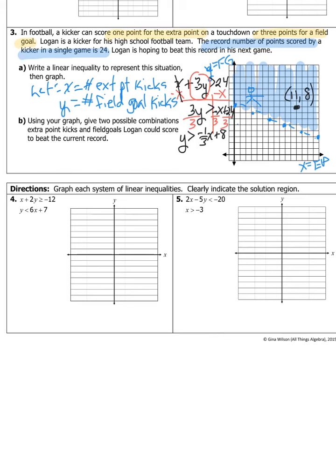So remember that our x value is extra points and our y value is our field goals. So therefore, for the ordered pair, we could have 11 extra points and 8 field goals. Okay, so that's one of them.